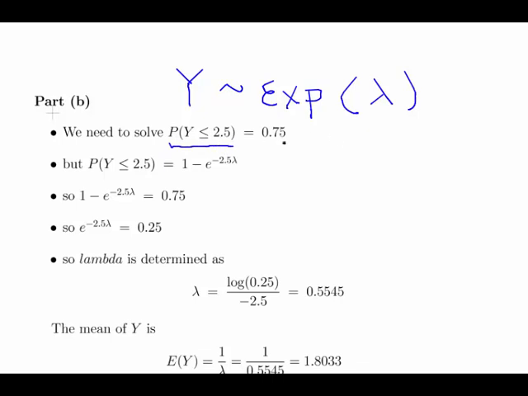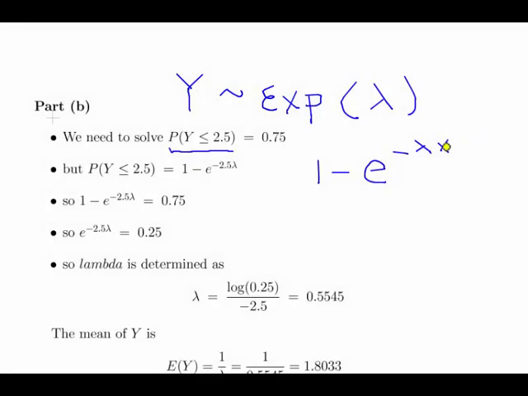So essentially Q3, the third quartile, is 2.5. So we're going to use the cumulative distribution function, which is 1 minus the exponential of minus lambda x. Here x is 2.5, and we let that equal 0.75.